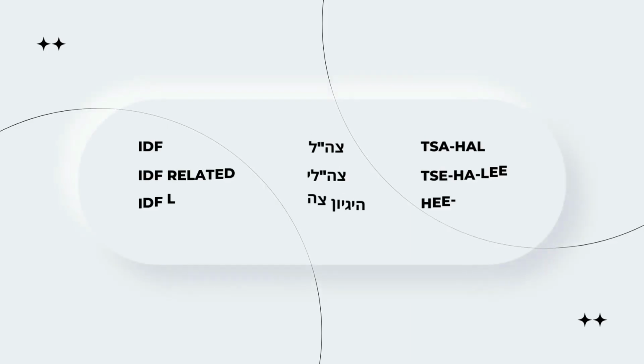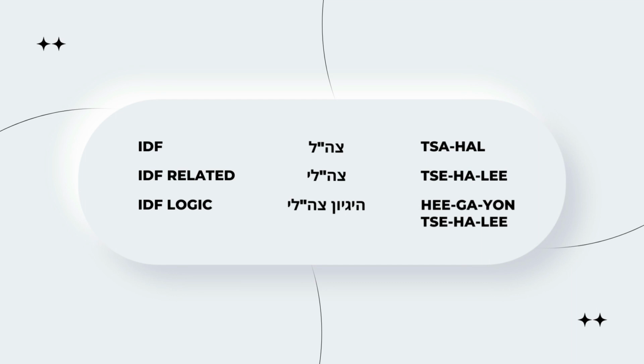The same rule applies for derived adjectives of certain entities that use gershayim in their abbreviations. This means that the gershayim sign remains in its original position even in derived adjectives. Let's see an example. If Tzahal is the abbreviated form for the IDF, Tzehali is anything that is army-related, army-like, or related to the army.